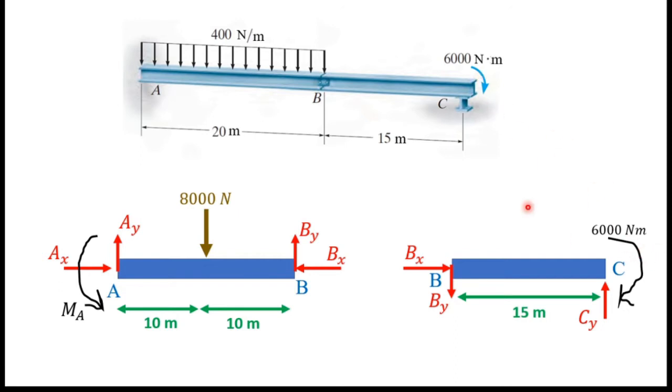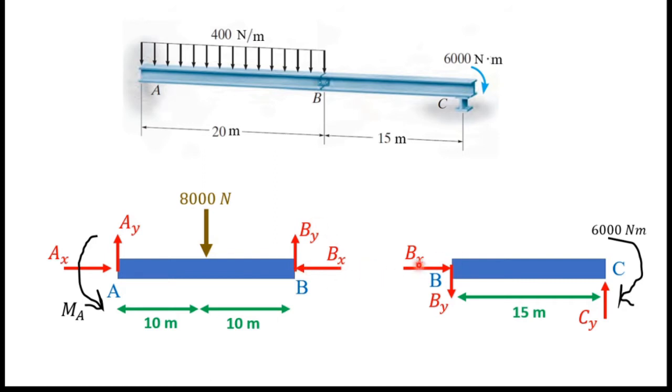Next we have point B, which is a pin connection. If we have a pin connection, we separate our beam at that point. So I separate the whole beam into two parts, AB and BC, and at point B we mark two forces in both parts. I mark the vertical and horizontal forces, BY and BX.